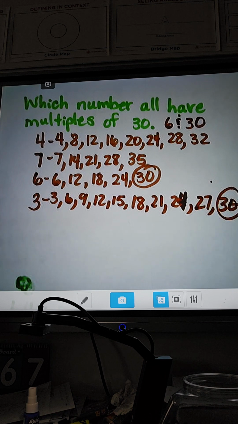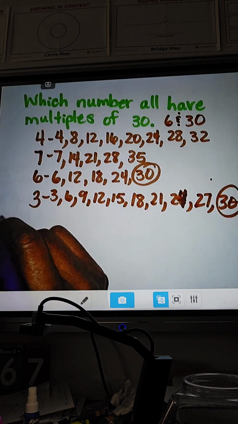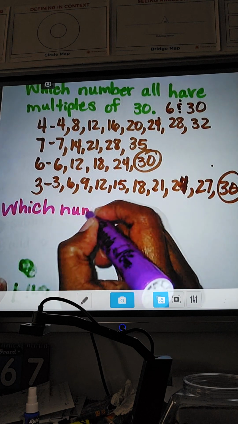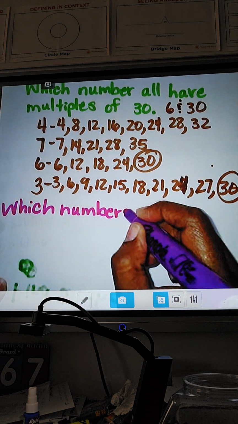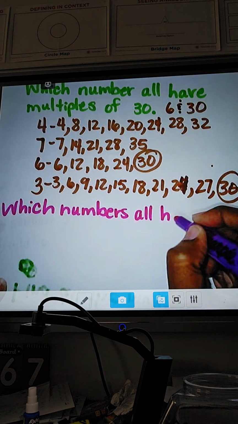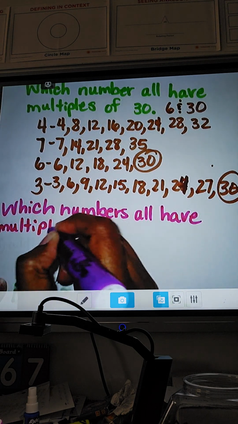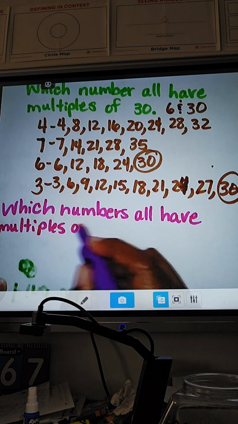So with that same question, I might also ask, which numbers all have multiples of 12?